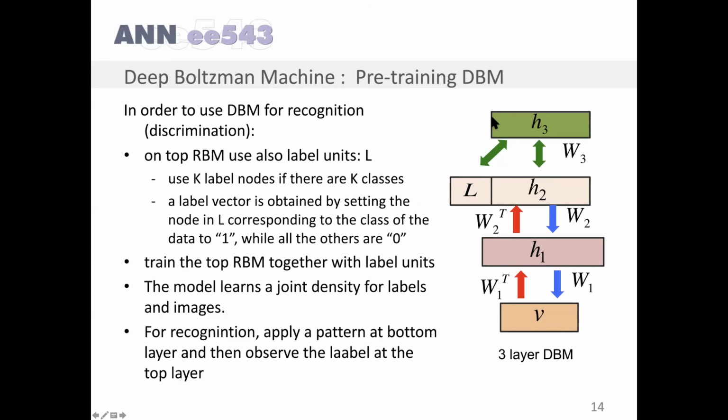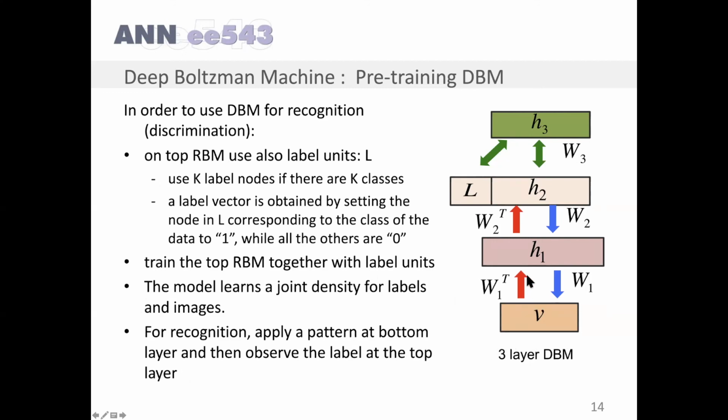And we have here one more hidden layer. Train the top RBM together with these label units. When a pattern is applied here, these labels are clamped to the corresponding code as defined here. The model learns a joint density for labels applied here and images applied in the visible layer.